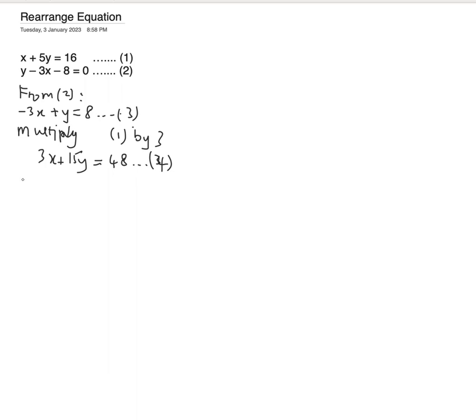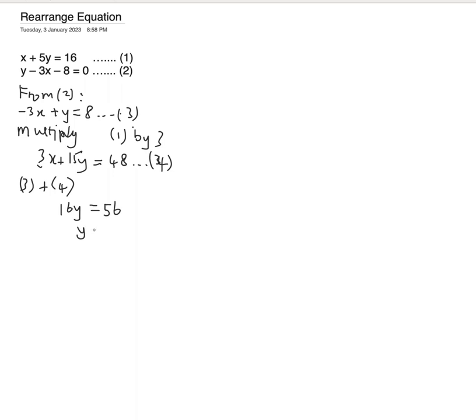That is what we want. Okay, so adding equation 3 and 4 will eliminate x, and here we have 16y equals to 56.